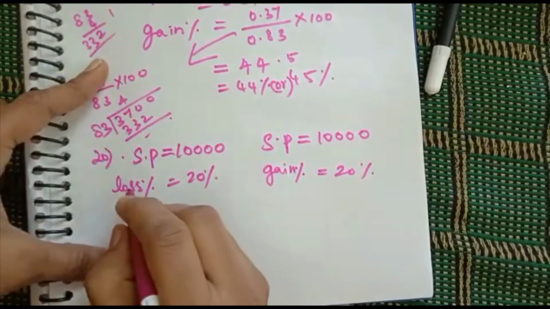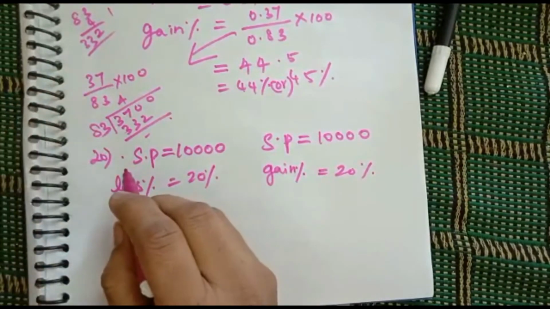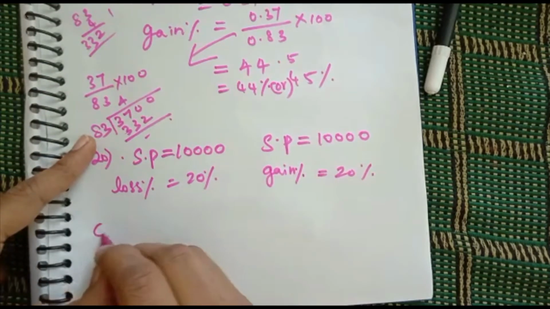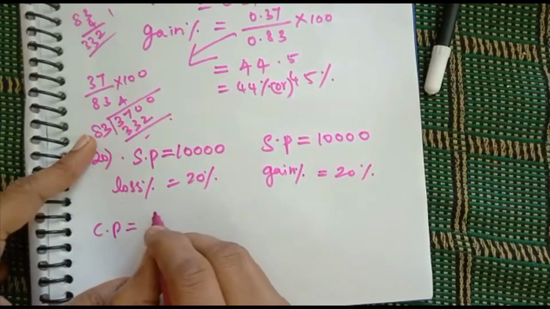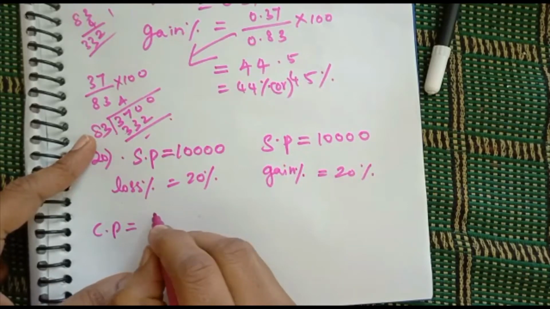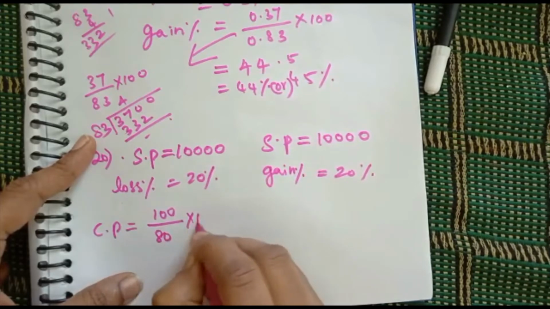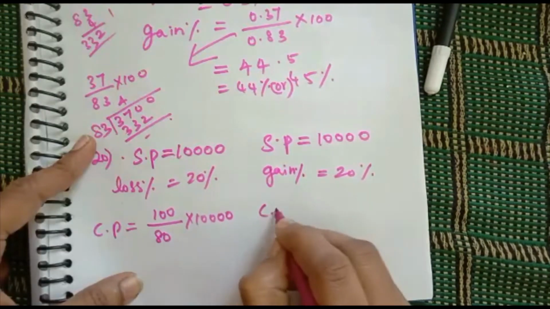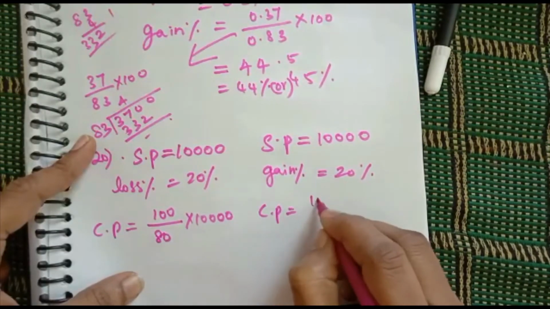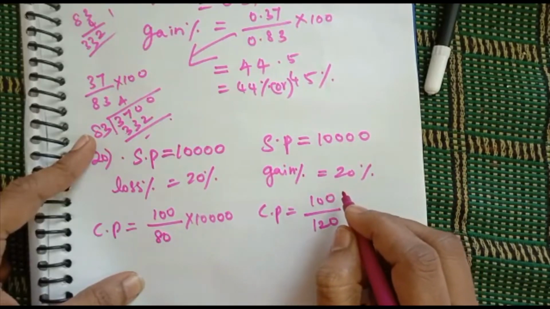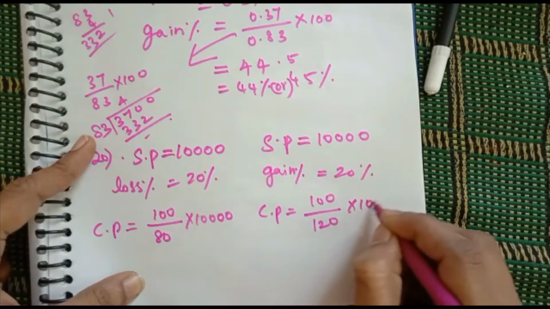Here students, listen, we know the selling price and the loss percentage. Then cost price is equal to 100 divided by 100 minus 20, that is 80, into 10,000. For the gain, cost price is equal to 100 divided by 120, 100 plus 20, because it is a gain, into 10,000.